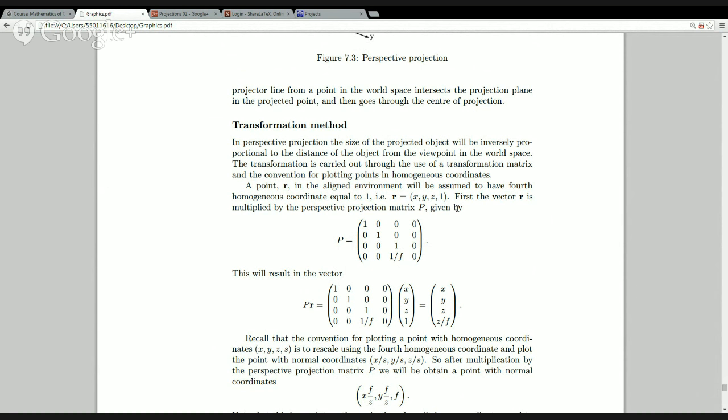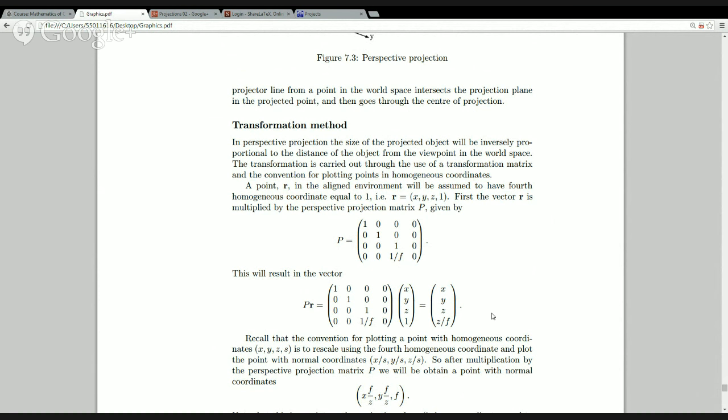But the presence in the fourth row of this 1 over f factor, and the 0 here, when you multiply that into the homogeneous coordinates, that produces the fourth component to be z over f. Okay, because this 1 over f gets multiplied by the component z. And so that's the only contribution to this fourth element of the image vector.